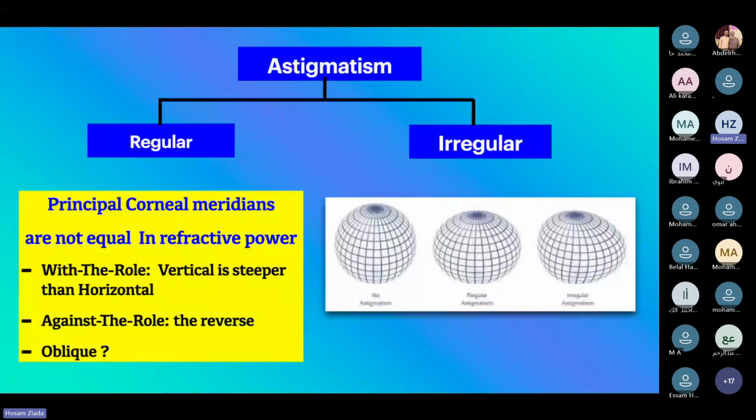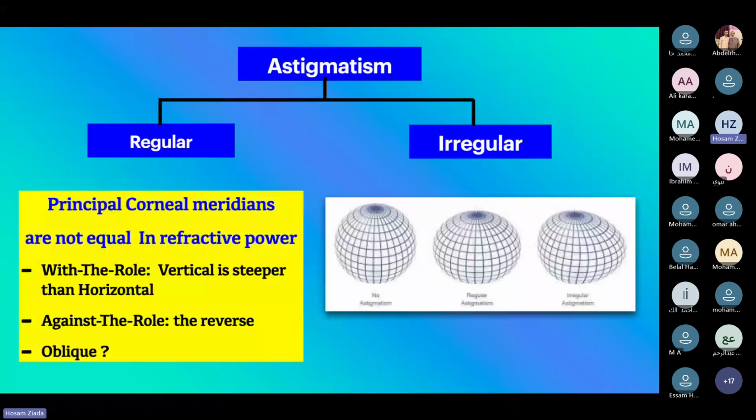The first one with no astigmatism is spherical. All curvatures are the same. But in the middle there is a toric one, squeezed, but squeezed regularly with the same balanced power.